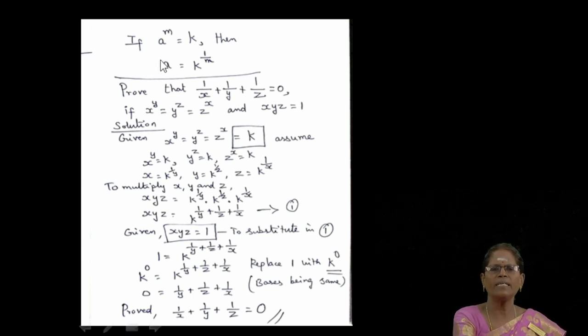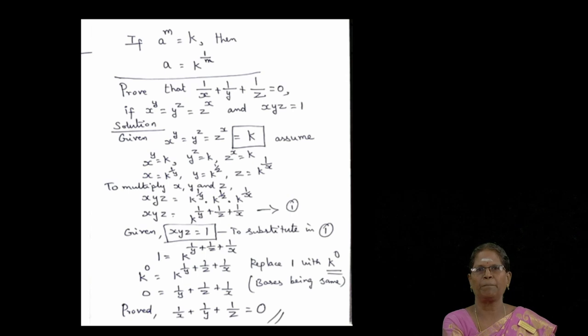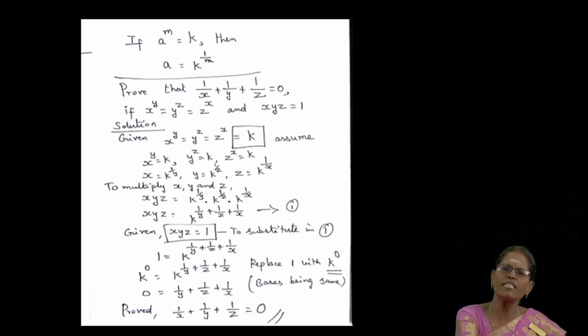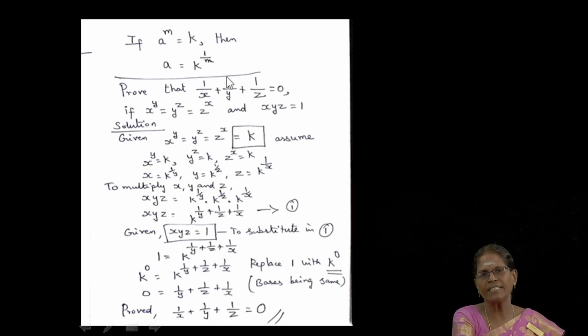In general, a to the power m equal to k means, here a to the power m is a normal index, m. M means we can say m by 1. But when the index is to be exchanged from the left side to the right side, it is brought as a reciprocal. That means it can be written as a is equal to k to the power 1 by m.